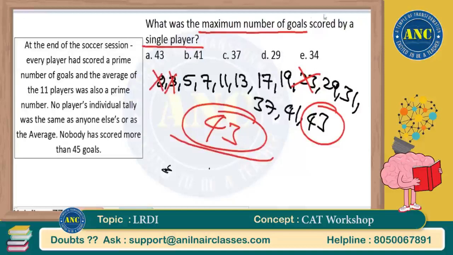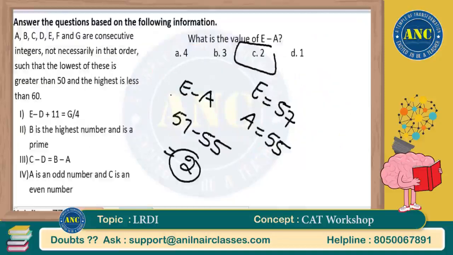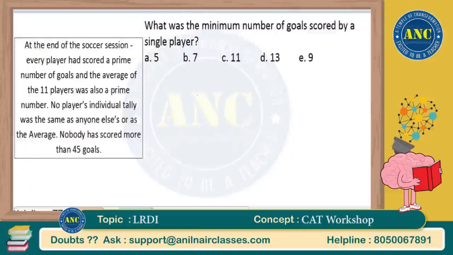Next, get into the next question. Third question. Try to solve the question. What was the minimum number of goals scored by a single player?